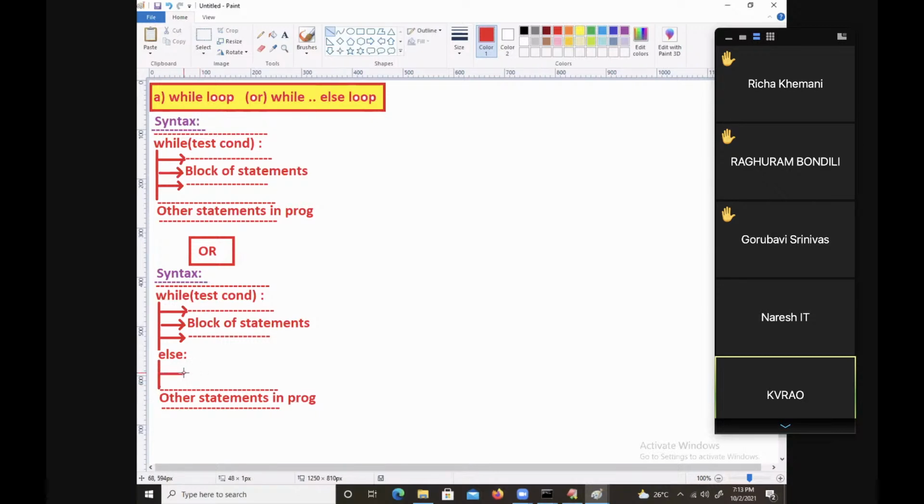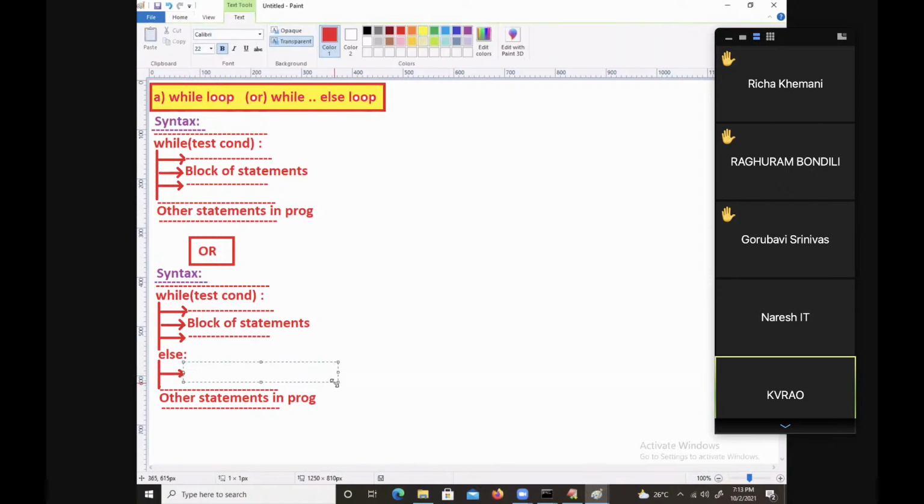This is called what? Else block of statements. I like this else block of statements because we always enjoy the syntax facilities of the languages. So I will write else block of statements.